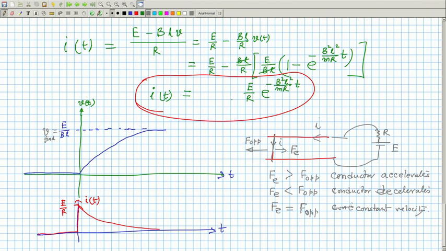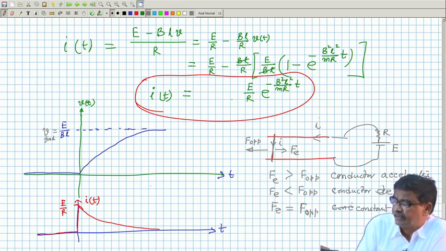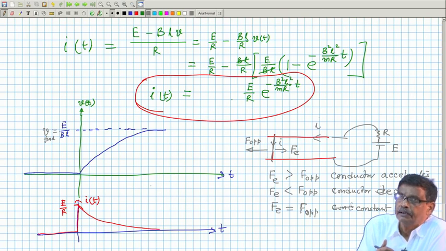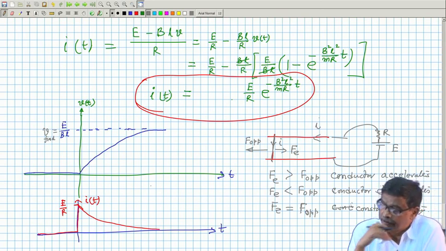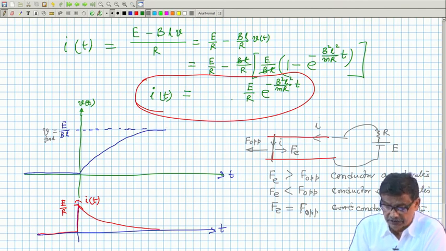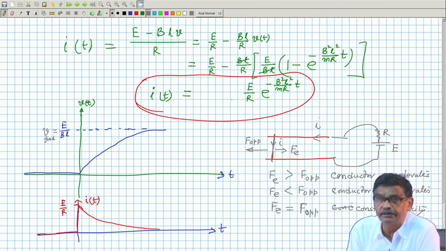Let us try to understand. It has reached final velocity V final, and then suppose, after it has reached final velocity, the conductor faces some opposite force to be overcome. It suddenly appears. At that time, the electromagnetic force developed by the conductor was 0.